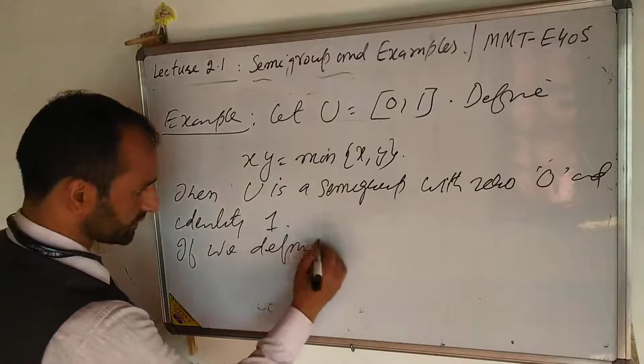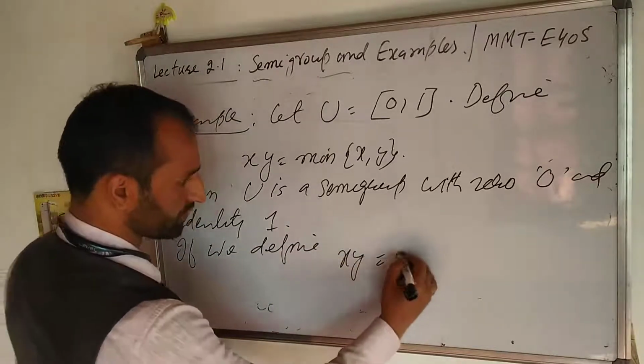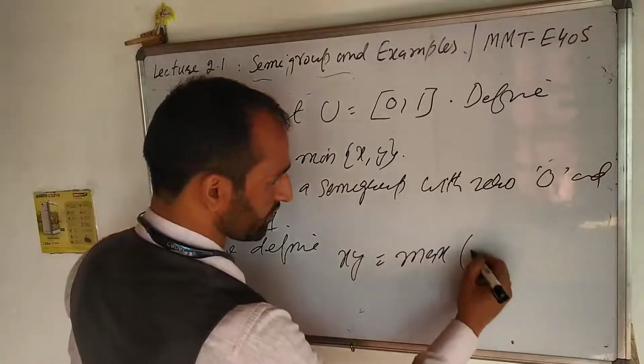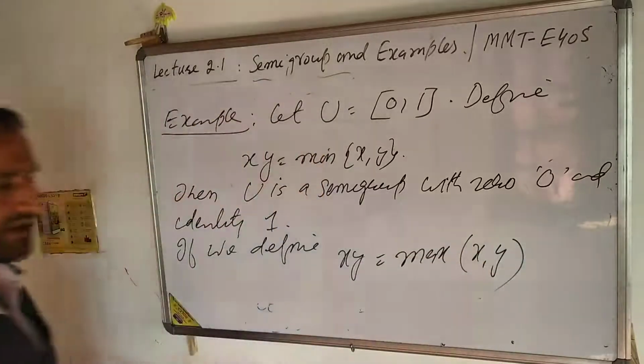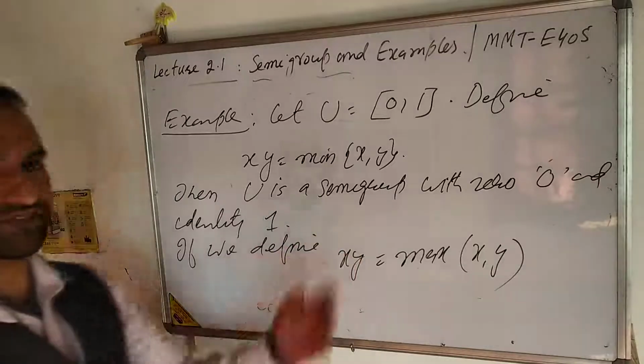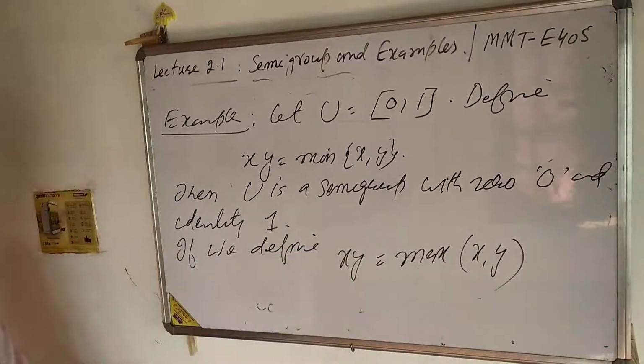So again, if we define x * y equal to the maximum of x, y, then 1 is the zero of the semigroup. You can easily verify this.